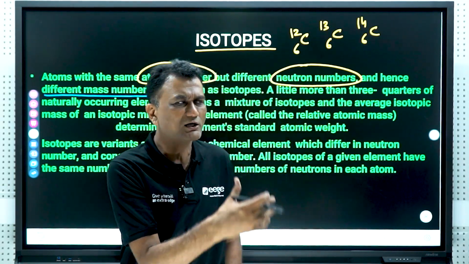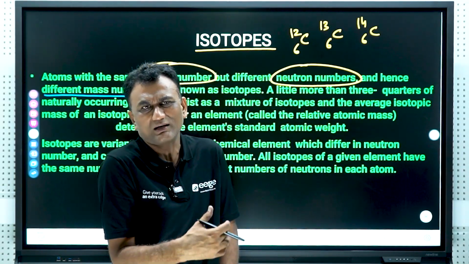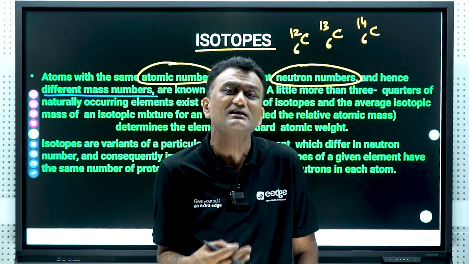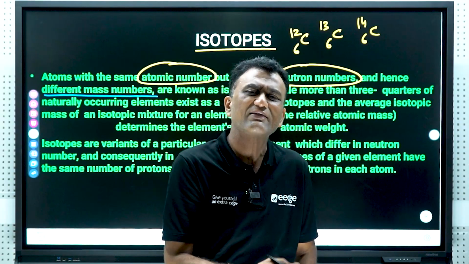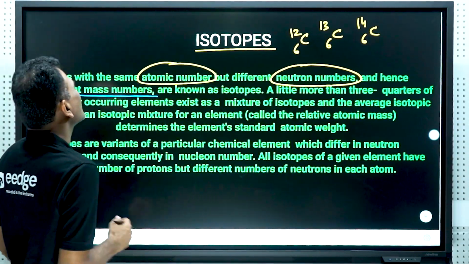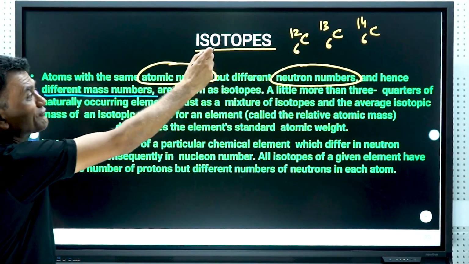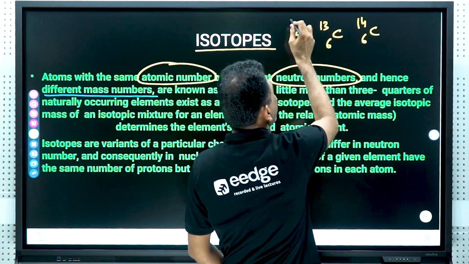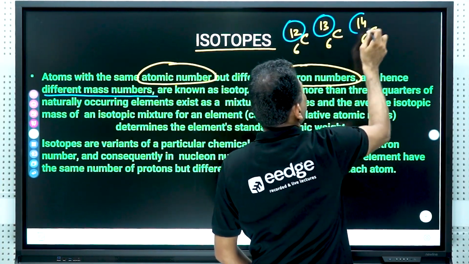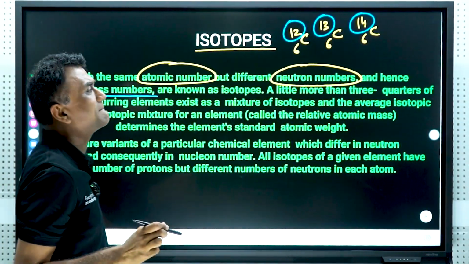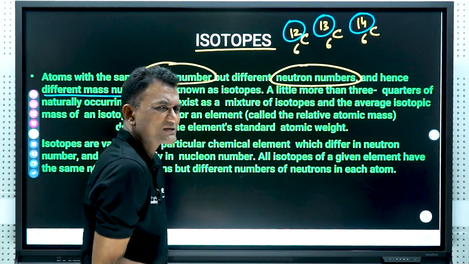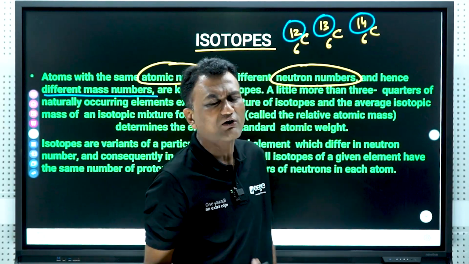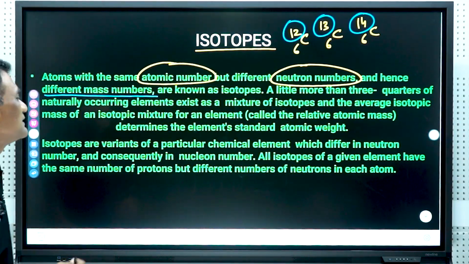Like in your result, you score different marks in each subject, and when someone asks your percentage, you say the average, right? Similarly, isotopes have different mass numbers and hence different weights. So when we represent the atomic mass of carbon, it is the average of these isotopes, right?